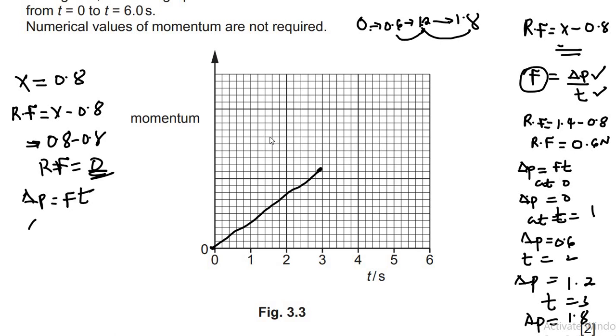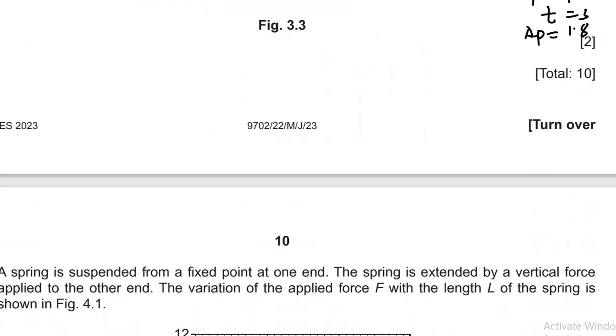Since resultant force is 0, the change in momentum is 0, which means momentum is constant all through. So this is how the graph will look like. I believe it's clear. If you have any question, let me see it in the comment section.